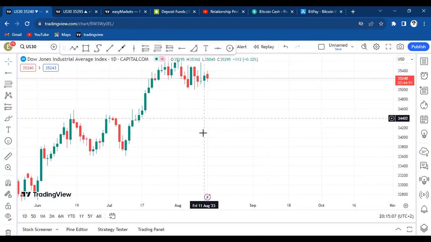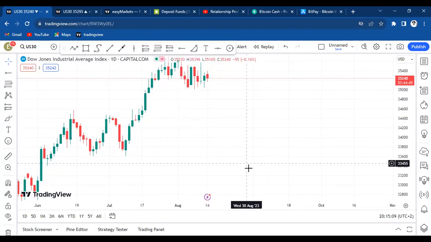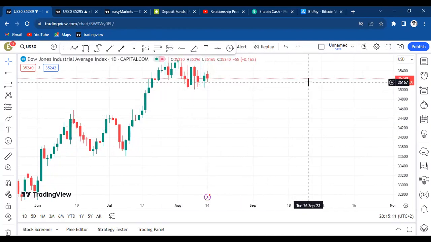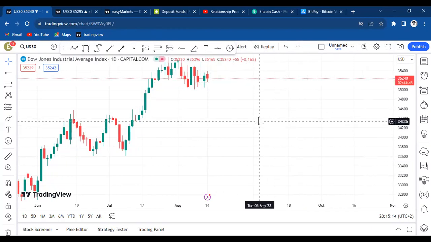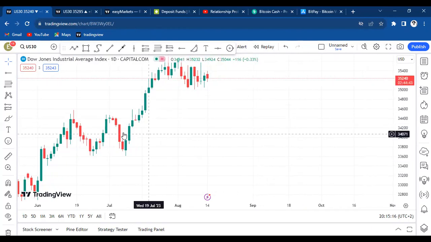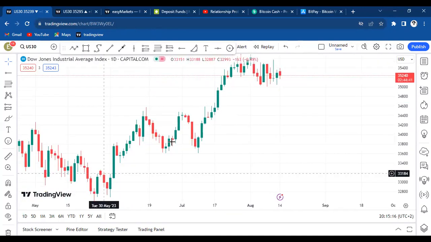Like the signs that the market gives you when it's in a bearish mode or when it's in a bullish mode, and what you're looking for during those times. I told you, when the market is buying, you're looking for buys. When the market is selling, you're looking for sells.